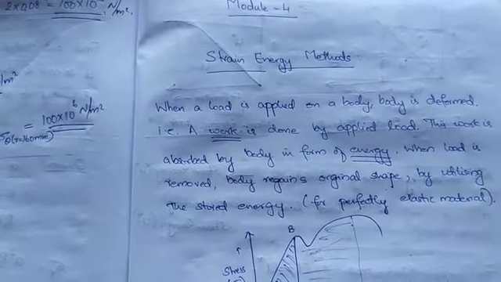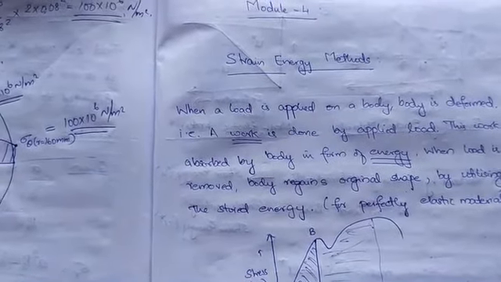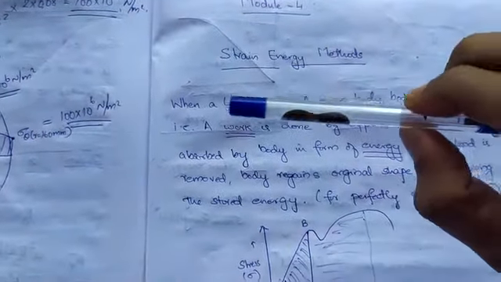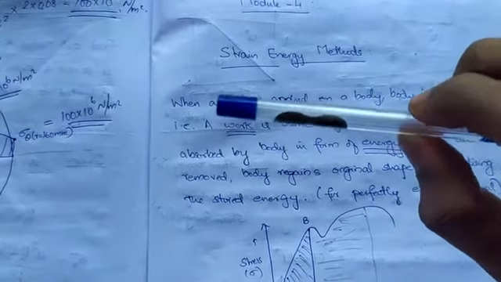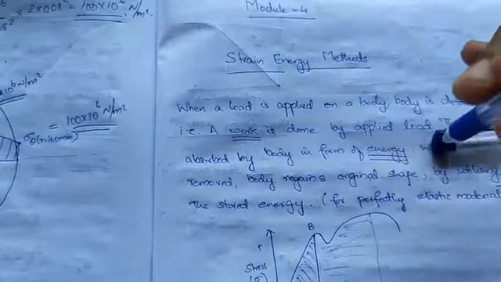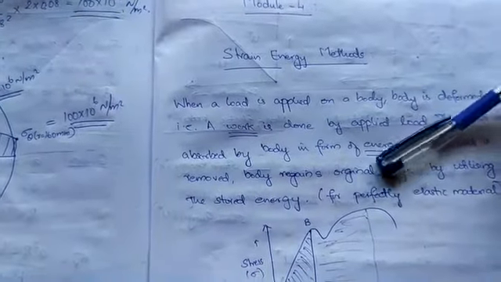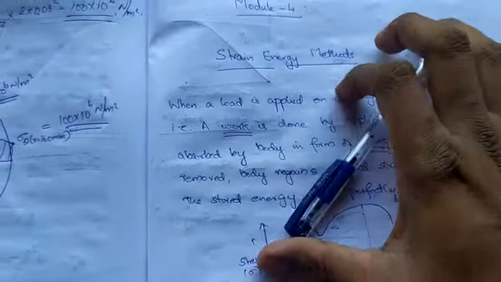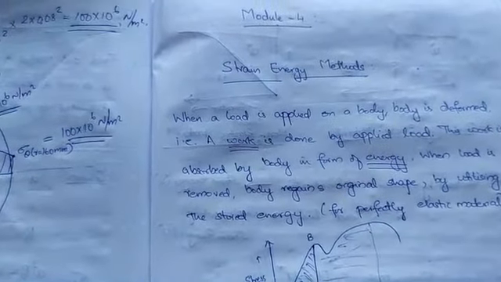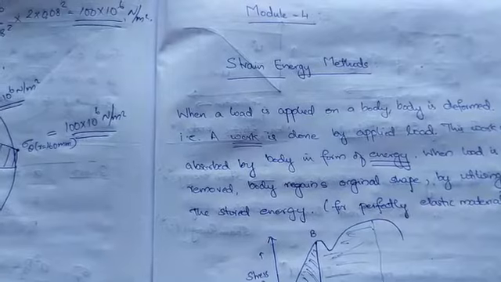The work is absorbed by the body in the form of energy. So if I am pressing this, the work which I am doing will be absorbed by this object in the form of some energy. This form of energy is called strain energy.